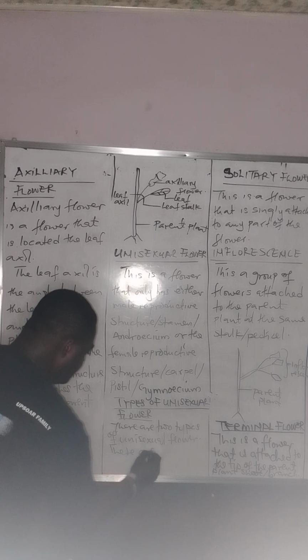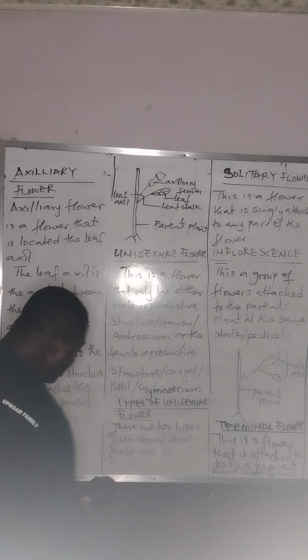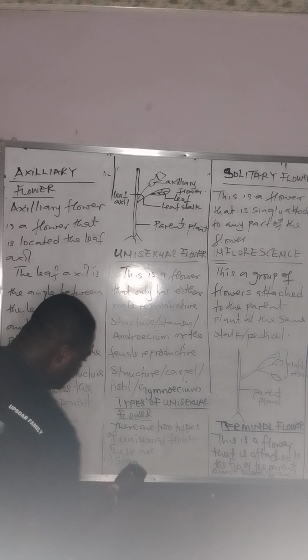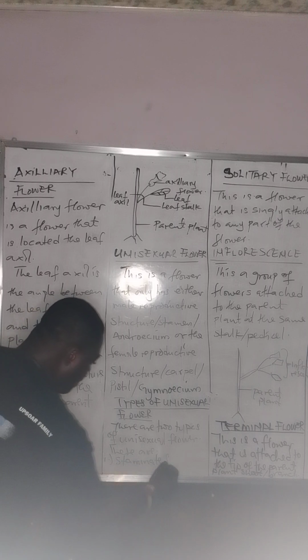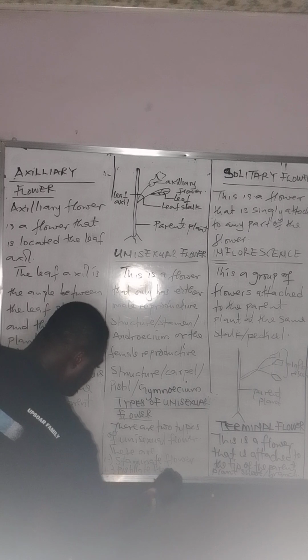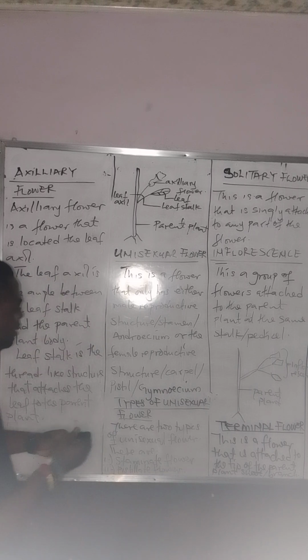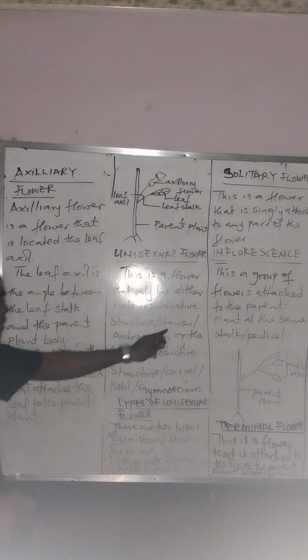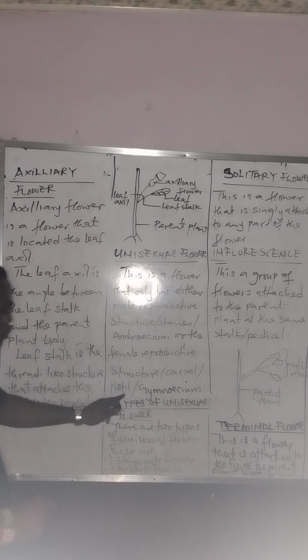We have one unisexual flower called the staminate flower. We have another one called the pistillate flower. From these terminologies, pistil and stamen, you should be able to know what I'll be talking about later, about the two types of flower.